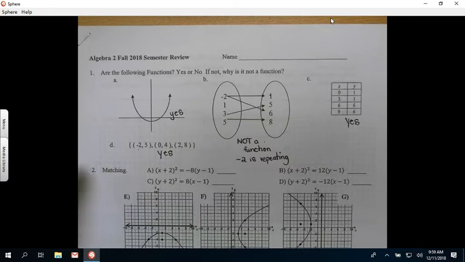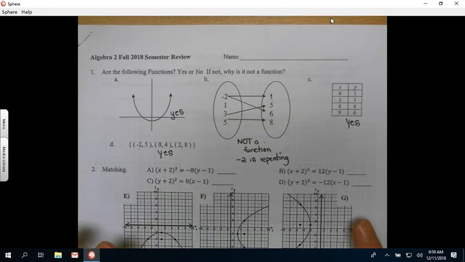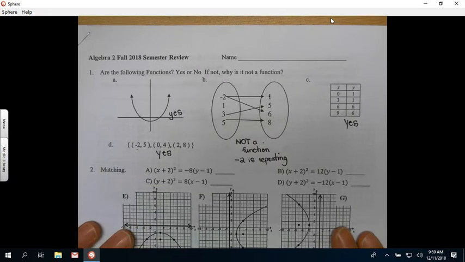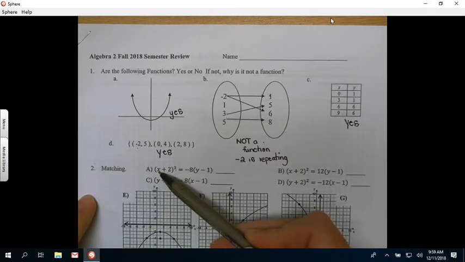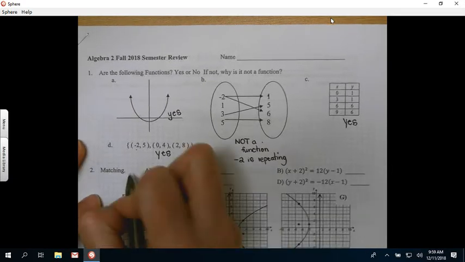Alright, number 2. This is the quadratics unit, and this is where we looked at parabolas that were in a modified vertex form, and they could open up or down, or left or right. When the squared is on the x, we know that this is an up or down.